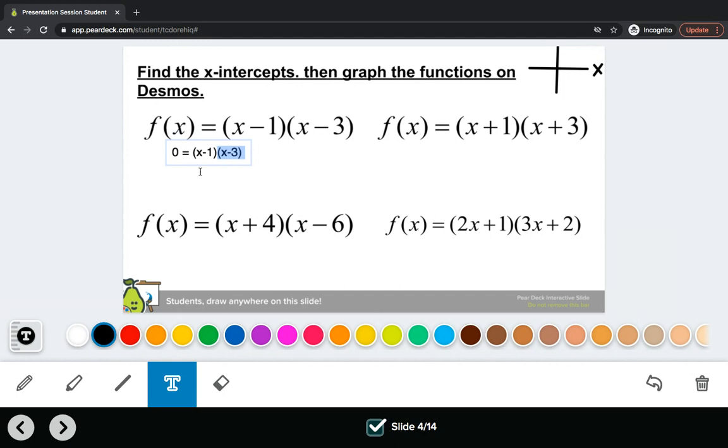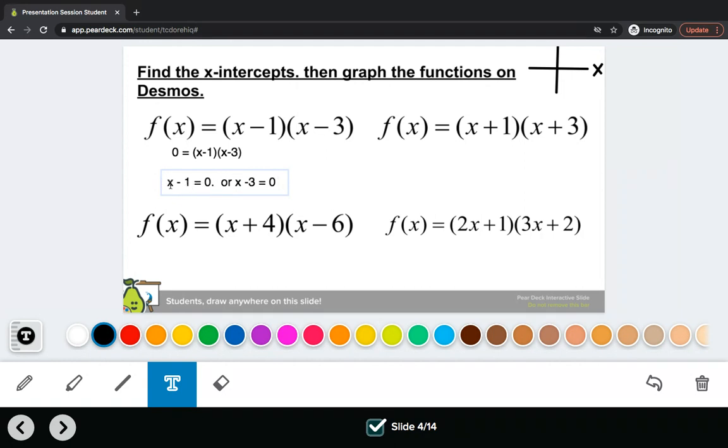It has to equal 0. So that means that I have 2 possible scenarios that's happening. Either x minus 1 is equal to 0, or x minus 3 is equal to 0. Okay, and I'm going to solve each of those out individually.